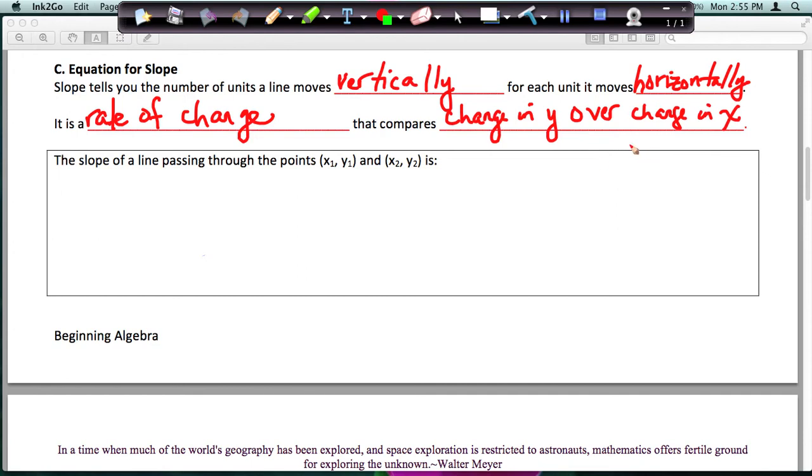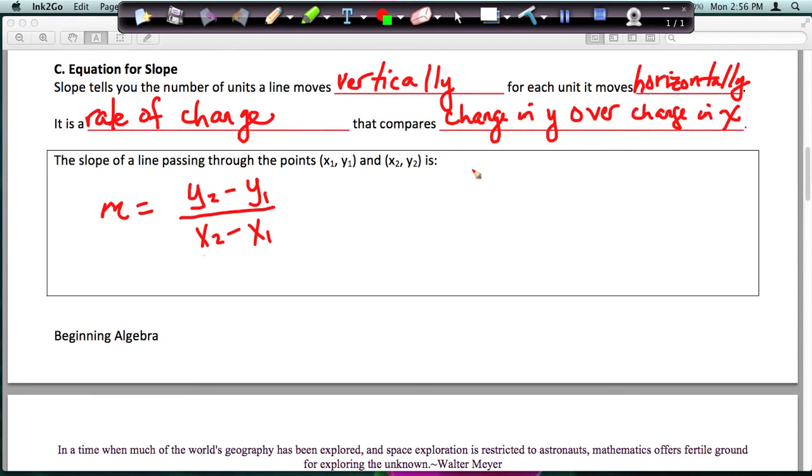So the equation for finding the slope of 2 points, and I just labeled them x1, y1 for the first point and x2, y2 for the second point, is m for slope equals, subtract your 2 y values, that's where you get the change in y, so y2 minus y1, over change in x, so subtract your 2 x values, x2 minus x1.